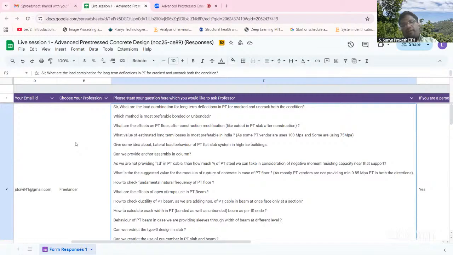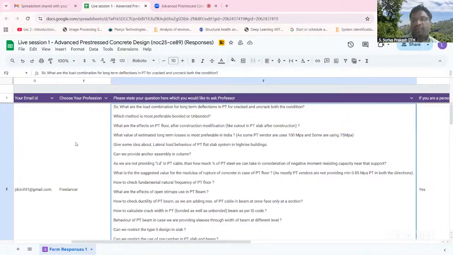You have to nullify all the compression, then get up to the modulus of rupture before it can crack, right? So the modulus of rupture is purely a function of your concrete strength. It has nothing to do with whether it is concrete in a floor or a beam. It's a material property. But how much load it takes before it cracks depends upon the amount of pre-compression that you have.